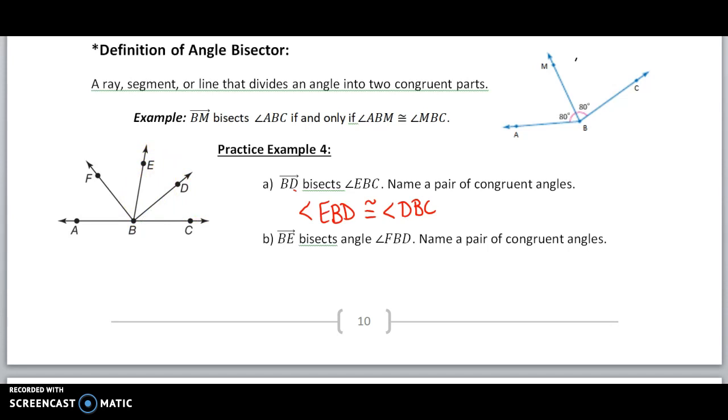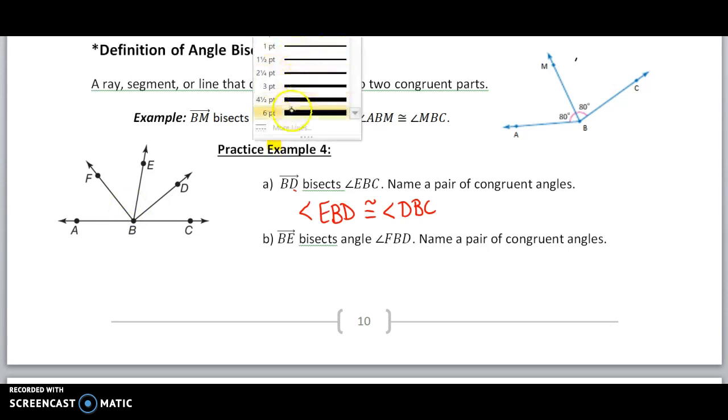Okay, so hopefully you tried that, you paused it and then checked it. You're checking it right now. So this next one is ray BE bisects the angle FBD. So let me get this to be a little bit skinnier.